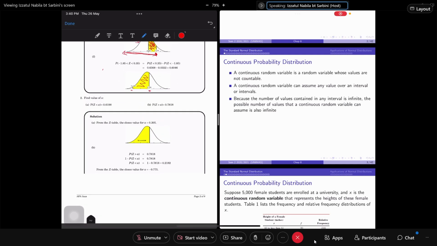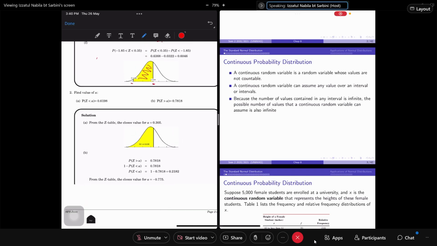Okay, find the value of A. Let's say given to you the probability and you need to find the value of A. Macam mana? Okay. Remember that this value here, 0.6198, is the value that you can find in the body of the table. Table dia macam ni kan? This is Z, and these are all the probability values.